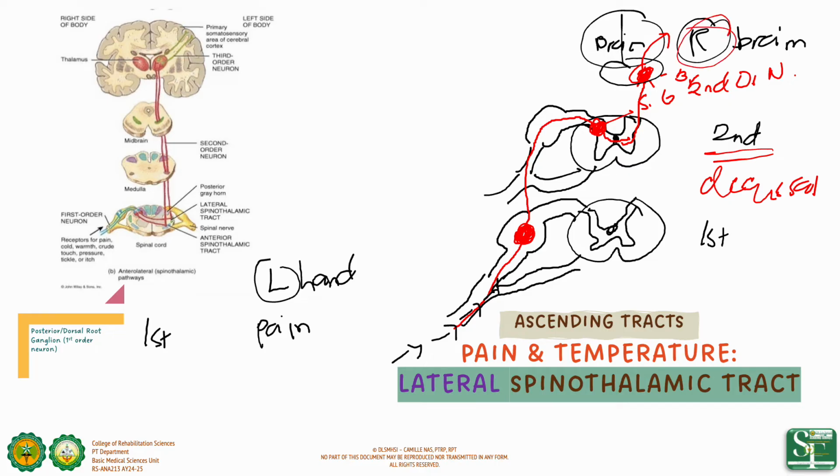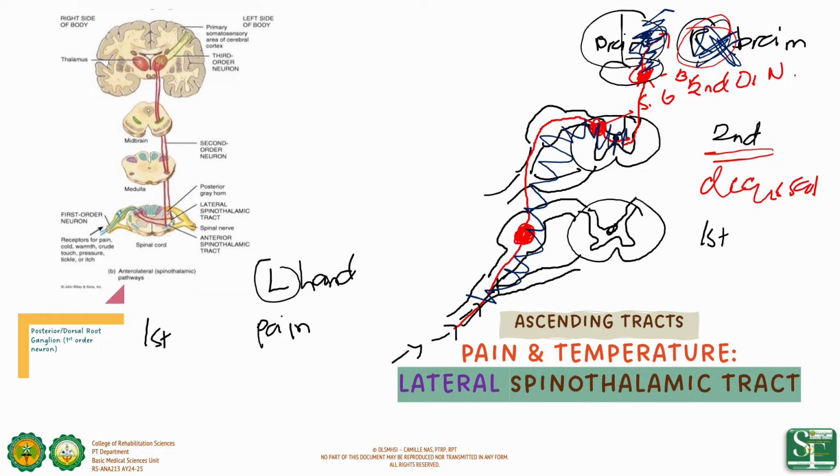Alright? So, that's why, kapag may stroke tayo sa right, no? Pag may stroke patient tayo, ang tinamaan sa kanya is the right side of the brain. Okay? Ito yung may stroke sa kanya. Saan siya hindi makakaramdam? Sa left side ng body niya o sa right side ng body niya? Ang hindi niya mararamdaman is the left side, no? Kasi sira na to. Kasi walang nagre-receive.